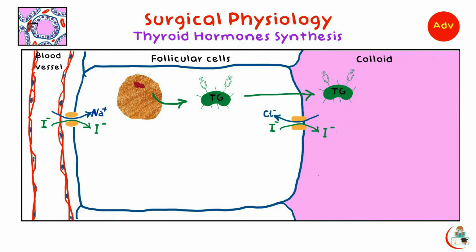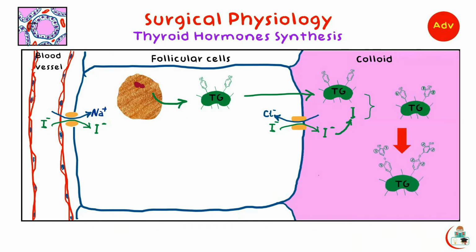In the colloid, iodide ions are oxidized to iodine elements. This is followed by many steps under enzymatic control, including iodinization, coupling, and this ends by formation of thyroid hormones, namely triiodothyronine or T3 and tetraiodothyronine or T4 or thyroxine. Both T3 and T4 remain bound to the thyroglobulin and stored in the colloid until they are needed.